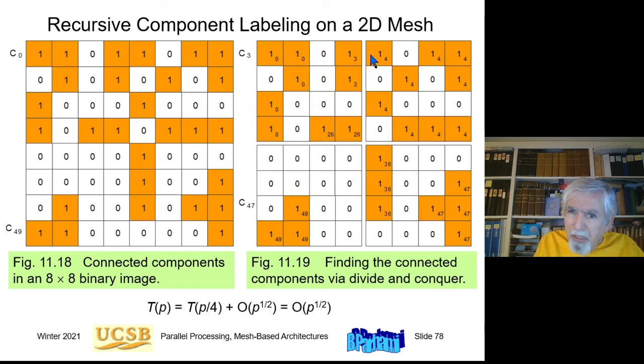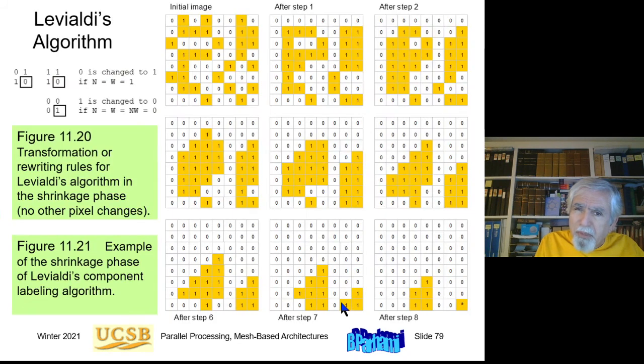This one similarly figures out that it's part of component 3, this one remains component 3, but this one discovers that it's part of component 3, so it broadcasts information. Okay, so details I won't supply. The merging of these requires order square root of p time, and therefore this recurrence says that the total time is order square root of p.